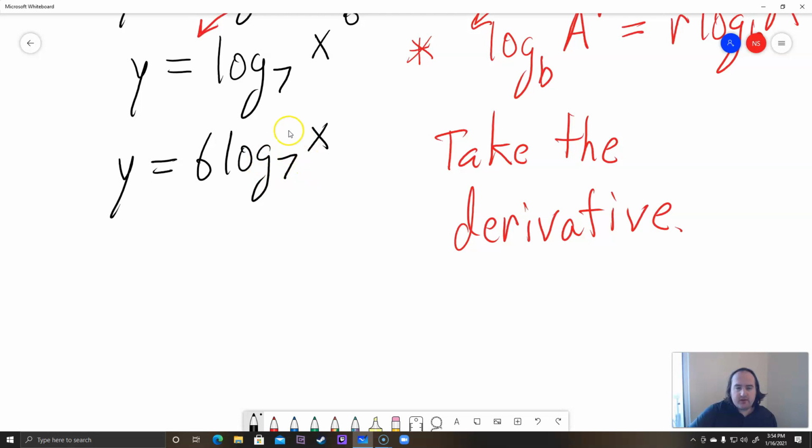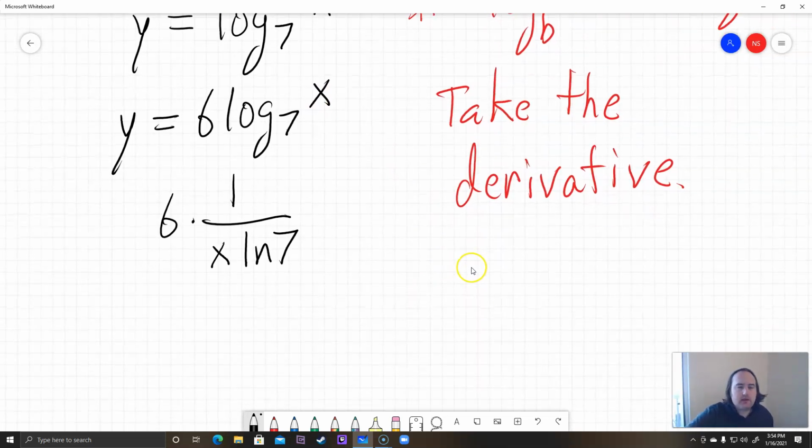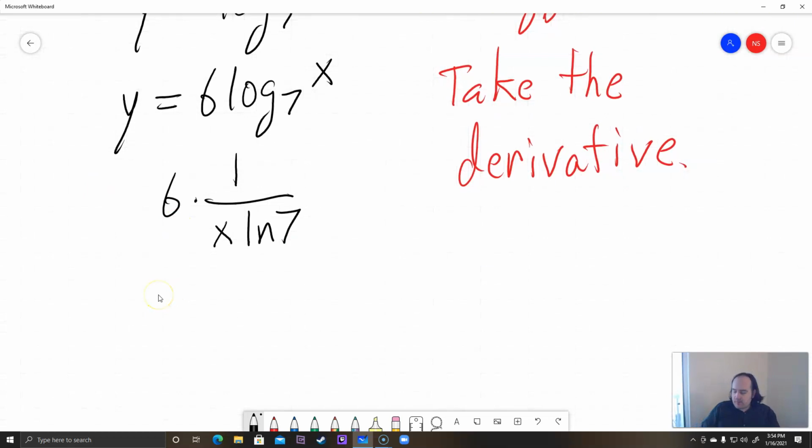So the derivative of log base 7 of x is just going to be 1 over x times ln of 7. And then we still have a 6 out front. So we've got 6 times 1 over x ln of 7. And then if we move the 6 to the top, we get y prime equals 6 over x ln of 7.